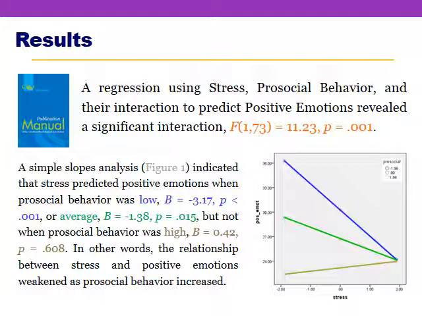If you did very little prosocial behavior, it was a strong relationship. If you did an average amount, it was a negative, significant, but weaker relationship. And if you did a lot of prosocial behavior, there was no relationship. So it does appear in this case that doing nice things for other people protects us against the damaging effects of stress.